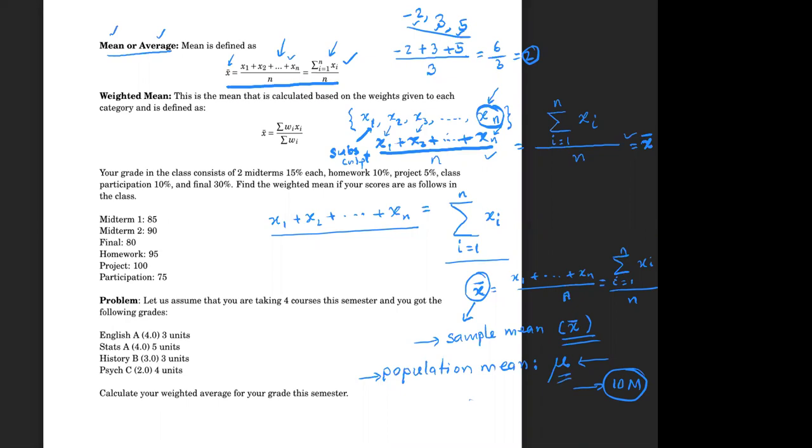But you don't have the human resources as well as financial resources to do that calculation. So what do we do? We collect a sample from this 10 million and find that average. From the sample mean, or sample average, we try to get the population mean, or approximate it.